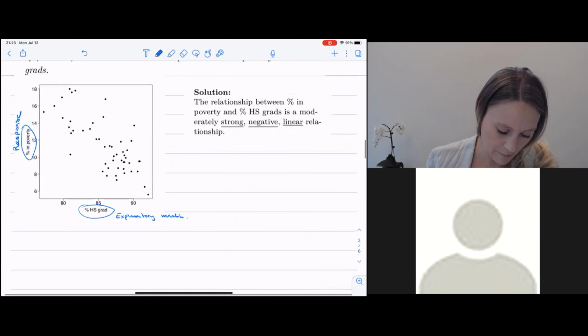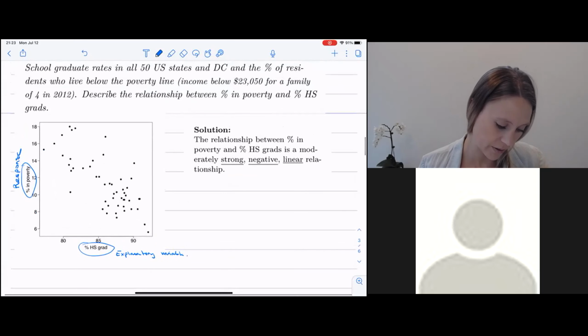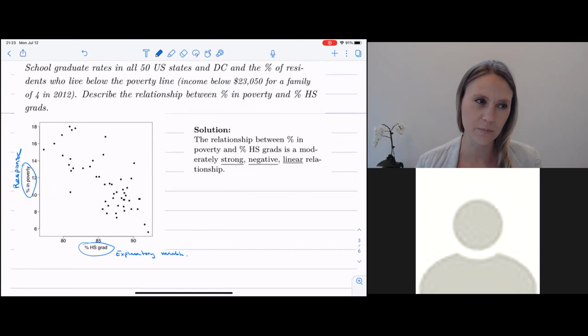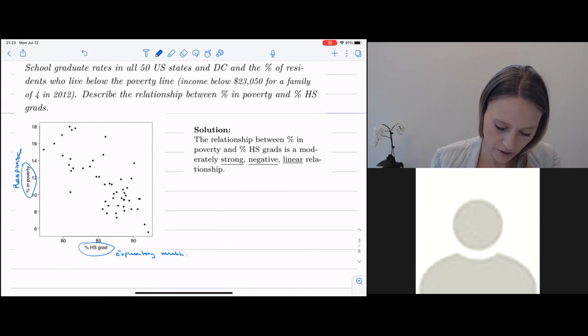In this case, I have to think about it before I say it, because it's not obvious to me which one should be the response and which one should be the explanatory variable.